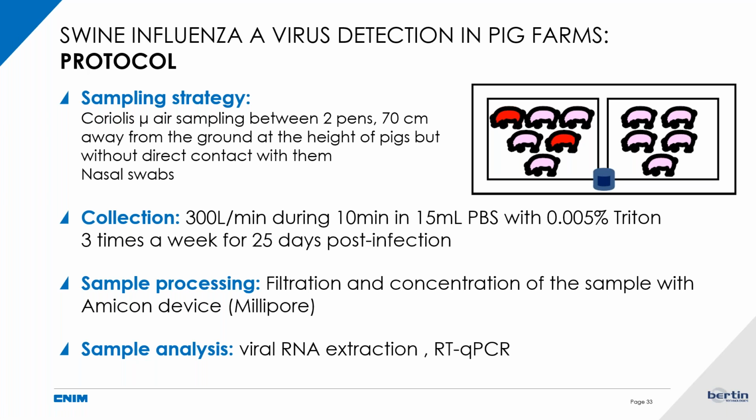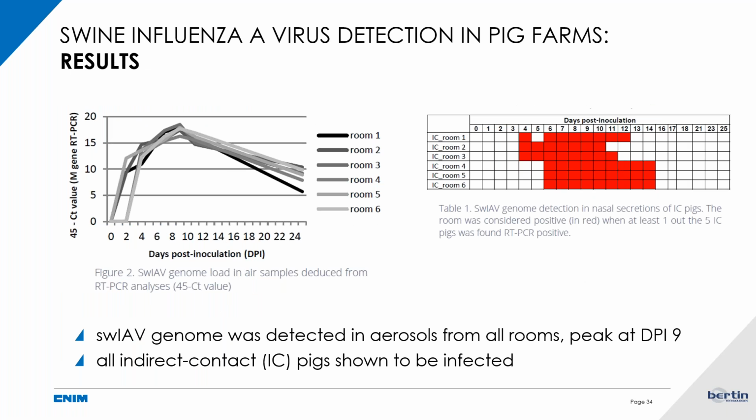They used 300 liters per minute during 10 minutes, collecting in PBS. And they collected 3 times a week during 25 days after infection of the pigs. As before, they concentrated the liquid sample using an Amicon device, and they performed RNA extraction and RT-qPCR.